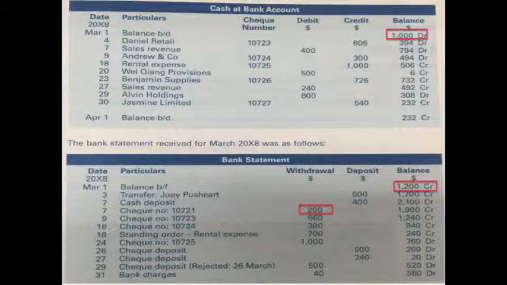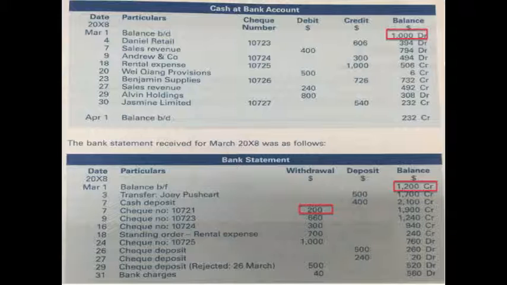First thing we need to note is that when a bank statement writes credit, it is from the point of view of the bank. They are actually owing us money. So they are the ones with the liability, that's why it's written as credit. However, in our cash book, from the business point of view, it's a debit.